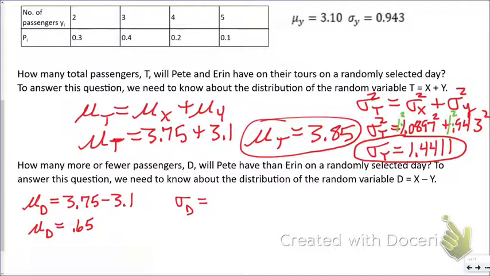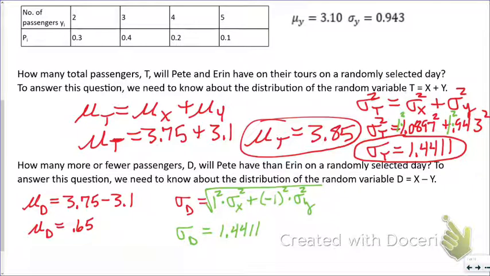So on this one, I have 1 squared times sigma x squared plus parenthesis negative 1 squared sigma squared y, which then makes that positive, and we end up with the exact same standard deviation we did on total passengers.